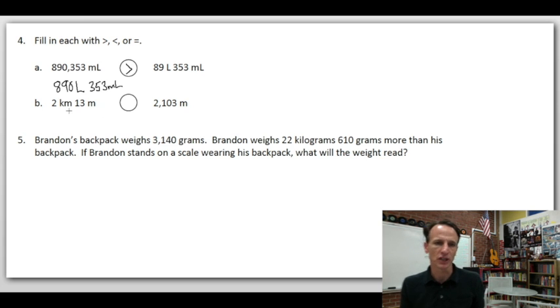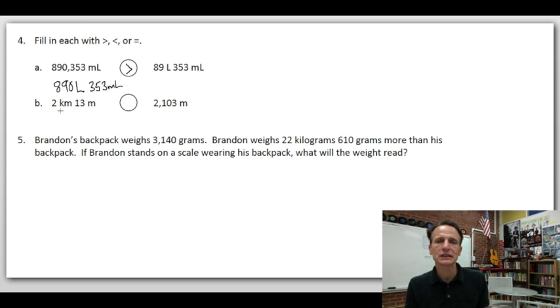Second one, similar idea, but here we're dealing with meters and kilometers. And again, the digits look similar, so you might tend towards a rough guess of, well, these could be equal. Well, let's see. 2 kilometers, 13 meters, compared to 2,103 meters. Well, let's do this one the other way. Let's put the mixed units into the smaller unit.